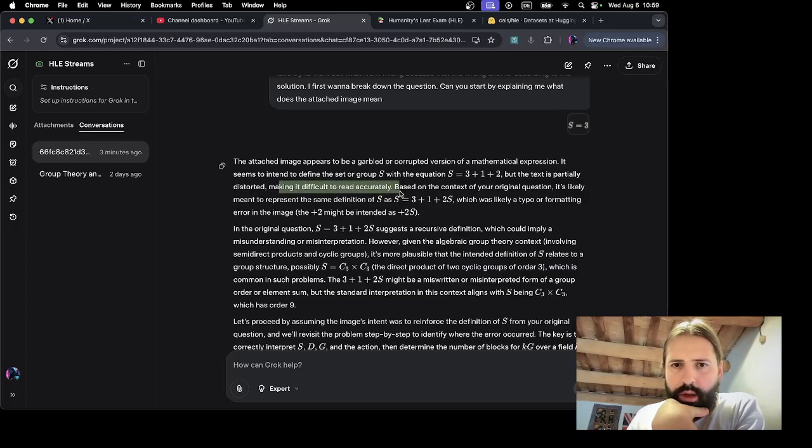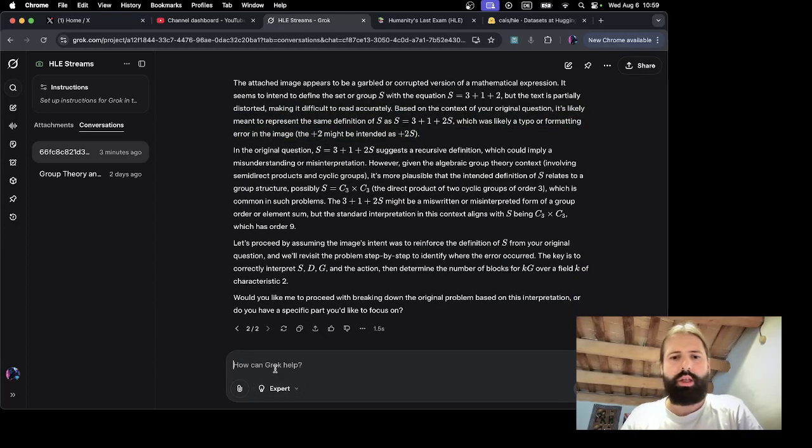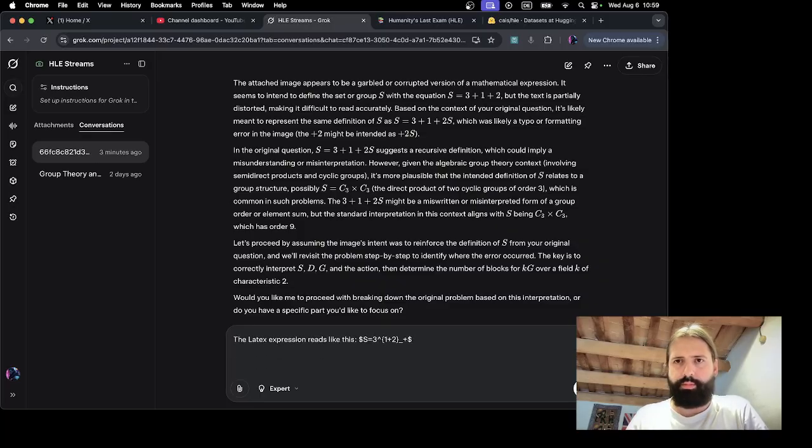Okay, I think that might be where it just gets it wrong. I think the LaTeX expression reads like this. I'm assuming this is a group rather than a set, given the nature of the problem.